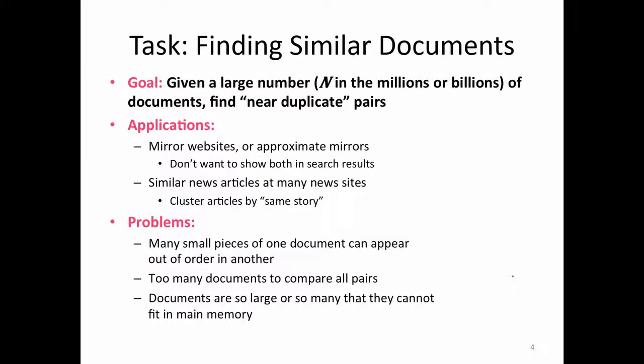Now let us look at an application where such a similarity or distance measure will be useful. The goal of the application is that suppose you are given a large number of documents, let's say n, which is in millions, so 10 to the power 6 documents.